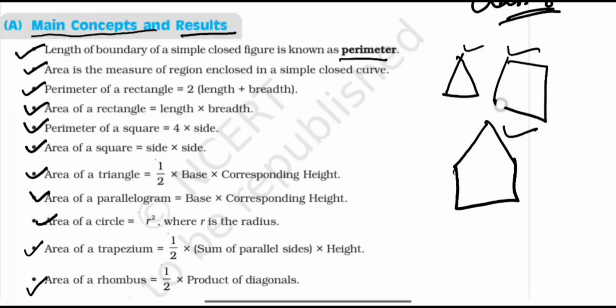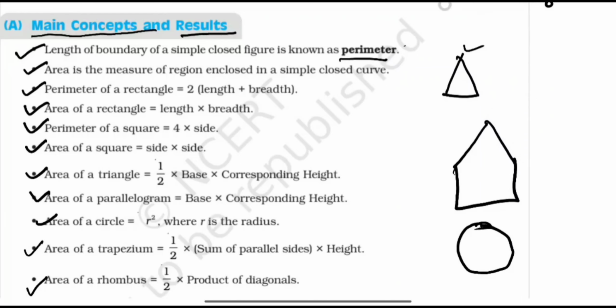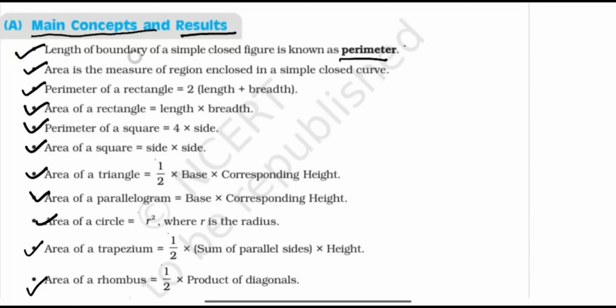We are going to have the perimeter and area formulas of several closed figures, be they made up of straight lines or of curved lines like a circle. So the first concept is that the length of the boundary of a simple closed figure is known as perimeter. Perimeter means the total length of the boundary lines of any closed figure.